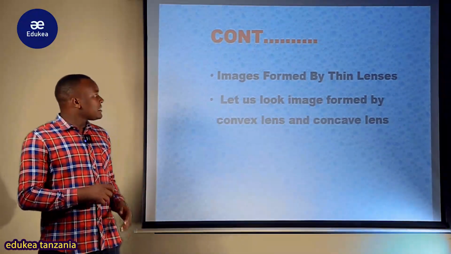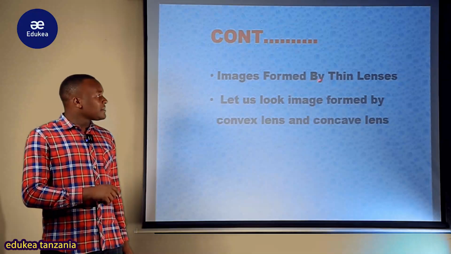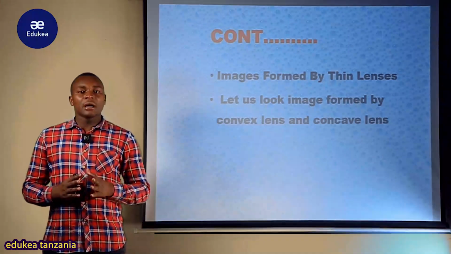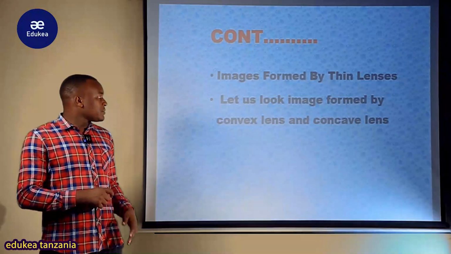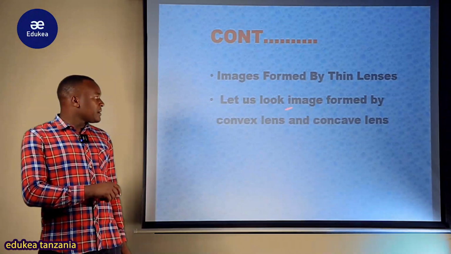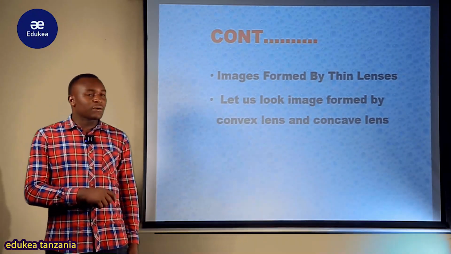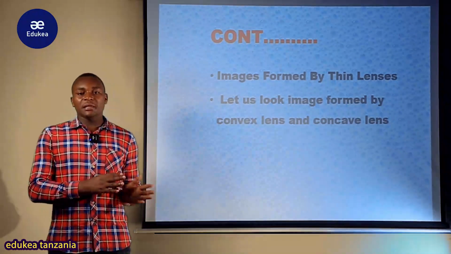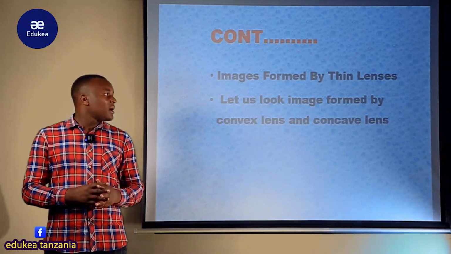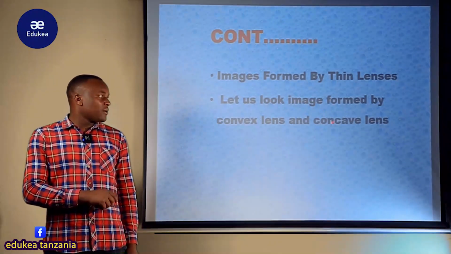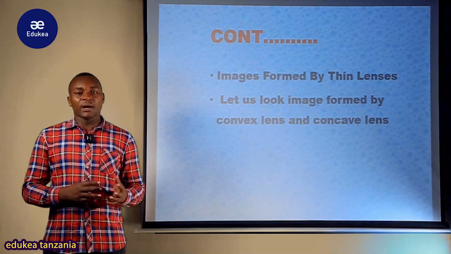Okay, something we say that image formed by thin lens. Let's look the image formed by thin lens. We say that let us look image formed by convex lens and a concave lens, kwamba tuangalie image inayokuwa inatengenezwa na hizi convex lens and concave lens zinakuwaje.